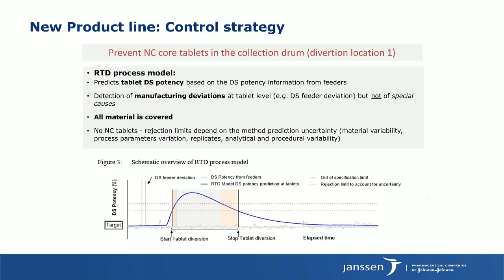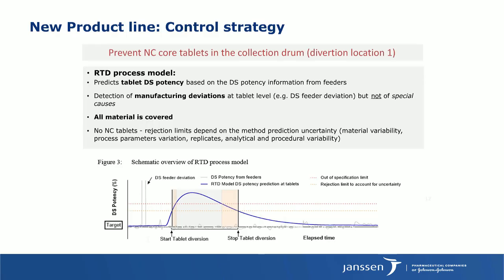How can we reject certain tablets? What you can see here on the screen is a red line, which is the specification limit. Of course, when the prediction of the API concentration is above the specification limit, we need to reject. When the prediction is below, then we can accept the core tablets again.